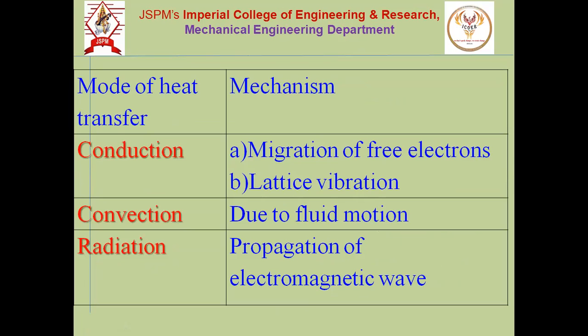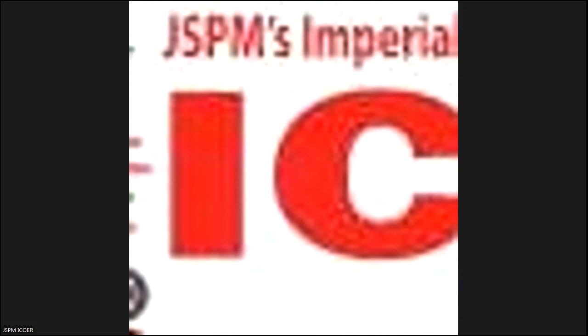As long as there is fluid motion, there is convection. If this motion is created naturally, it is called natural convection. If it is created forcefully, it is called forced convection. In radiation, it is because of propagation of electromagnetic waves.